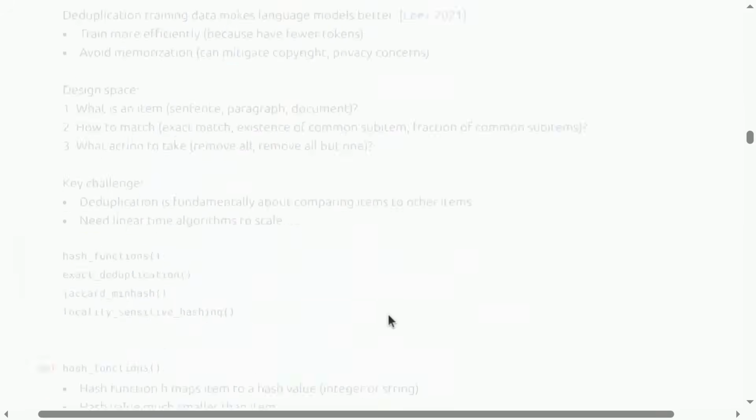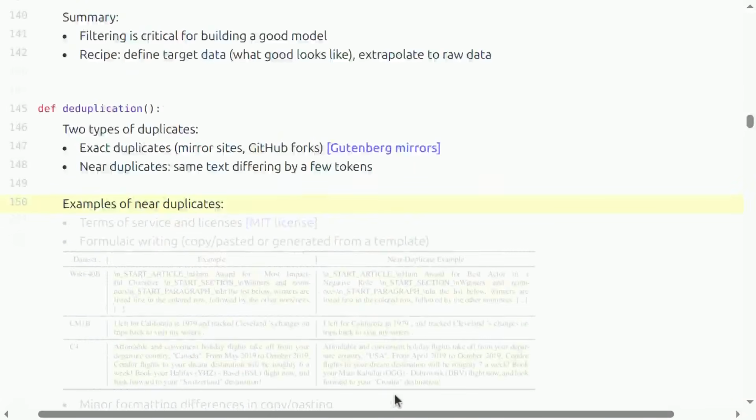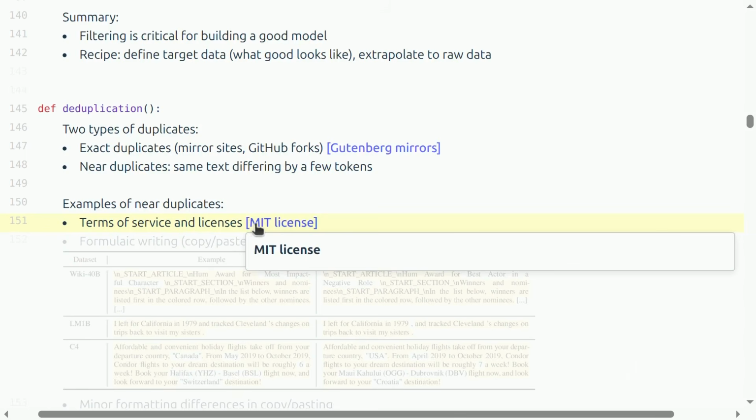And sometimes there's actually near duplicates, which are not mirrors or derivatives, but they just happen to be the same text differing by a few tokens. Usually this came from copying, or from a different common source. Here are some examples of near duplicates: terms of service and licenses.